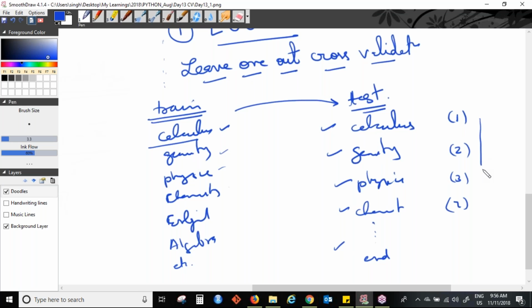I'll repeat this process multiple times. So whatever we were doing earlier, it is very similar to that, but earlier we were just checking for one set of test data. Here what I will do, I will check for every row. Every row present in my data, I will check how is the model performing on each of those rows in the data. Do you follow?